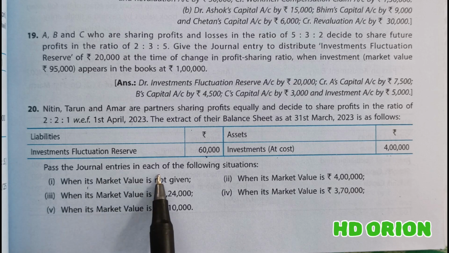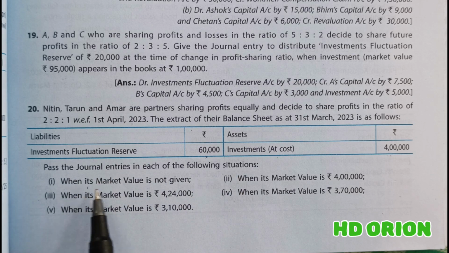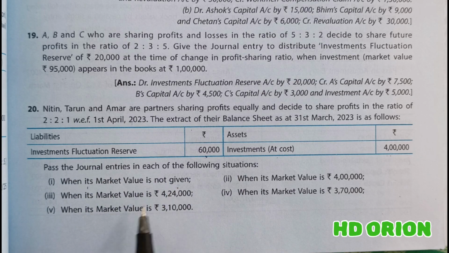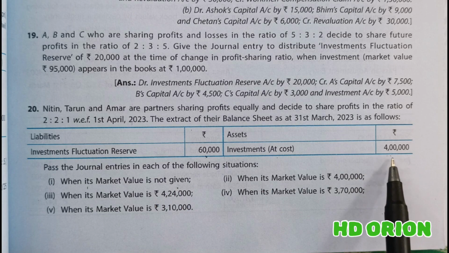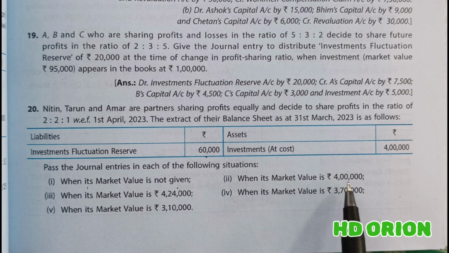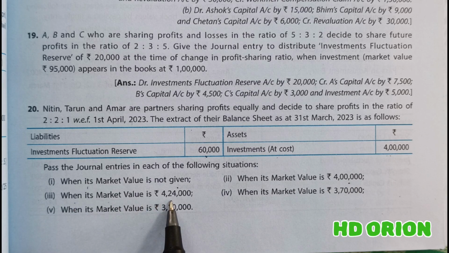So pass the journal entry in each of the following situations. First, when the market value is not given. When the market value is not given, it means the book value is the market value. Second, when the market value is the book value itself. Third, when the market value is more than the book value.